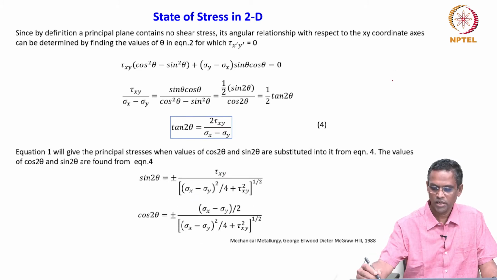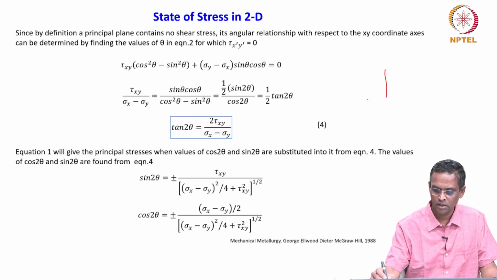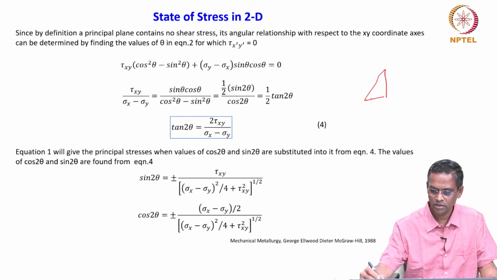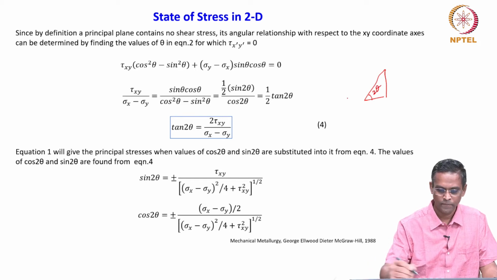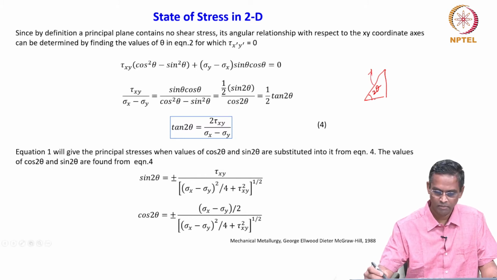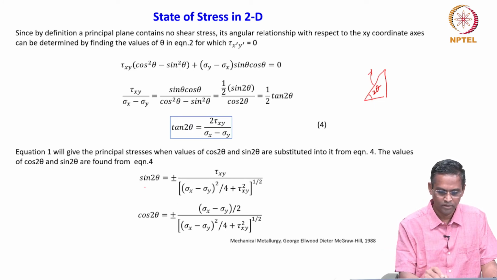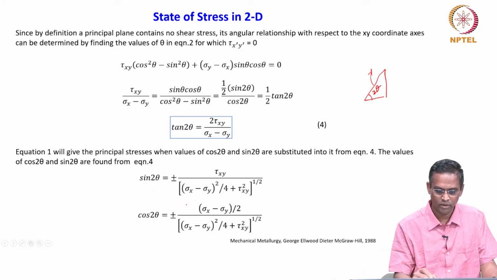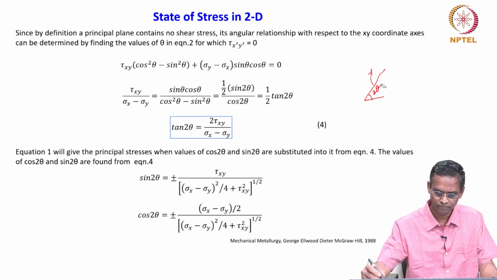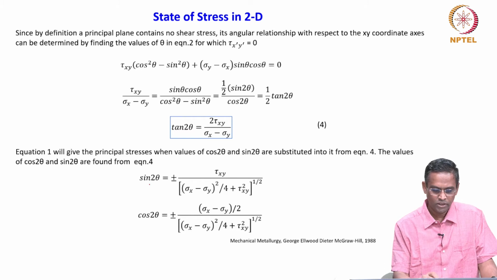I mentioned yesterday that you can use this right angle triangle like this. This is 2 theta. Then you can find the hypotenuse value using this relation as per the Pythagoras theorem. Then sin 2 theta and cos 2 theta values can be readily found from this. It's a very simple step. And what is the use of finding this?